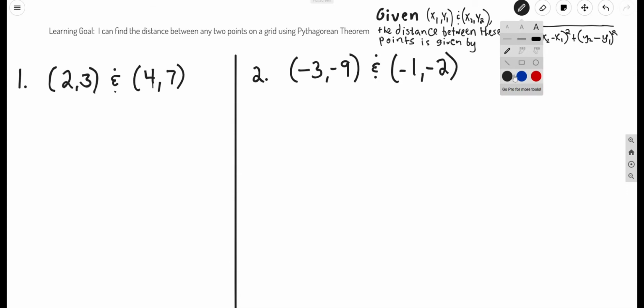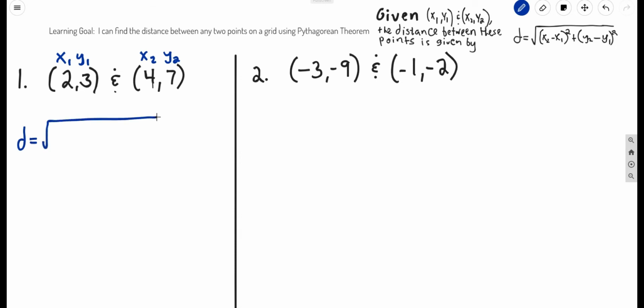The very first problem, we want to find the distance between the points 2, 3, so that'll be x1, y1, and 4, 7, which will be x2, y2. Now all we're really doing is practicing using this formula. The distance is given by d equals the square root, and we plug everything into this formula.